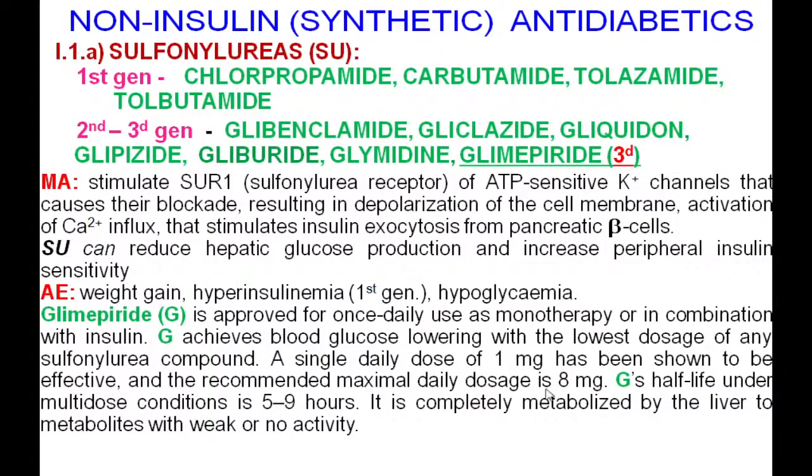Maximal single dose is 8 milligrams. Glimepiride's half-life under multi-dose conditions is 5 to 9 hours. It is completely metabolized by the liver to metabolites with weak or no activity. So we use the drug once daily, and the drug causes a postprandial, short-lasting insulinemia, lasting for 3 to 4 hours.